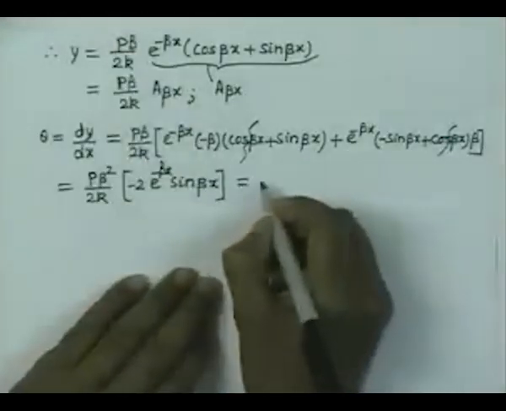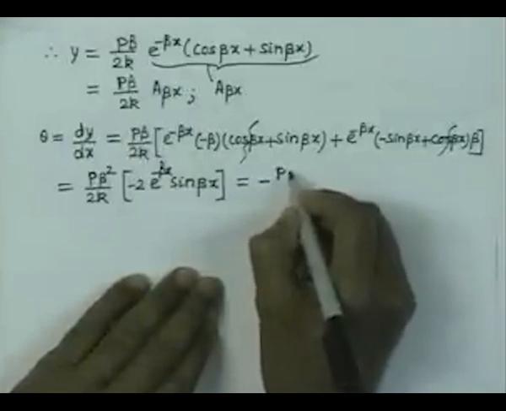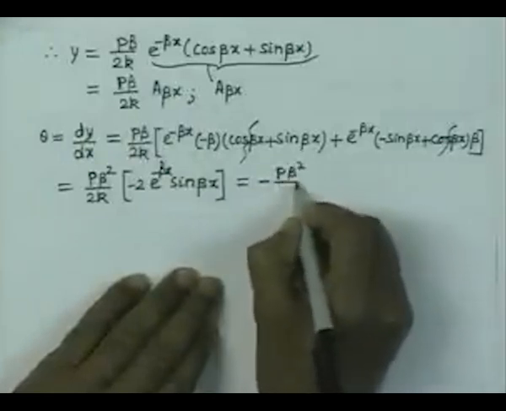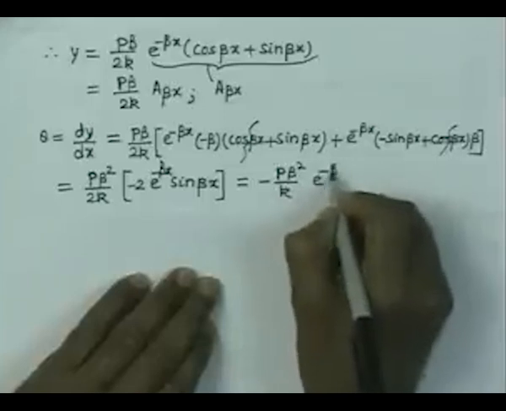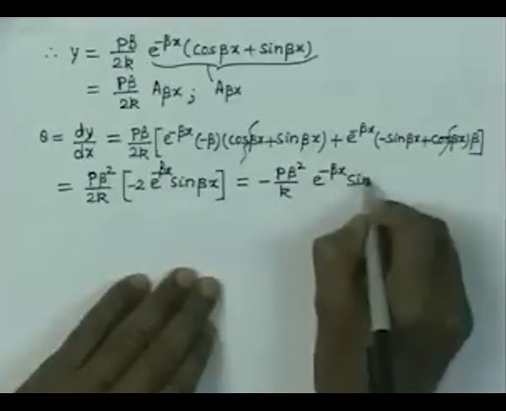So, this is represented as p beta square by k e to the power minus beta x sine beta x.